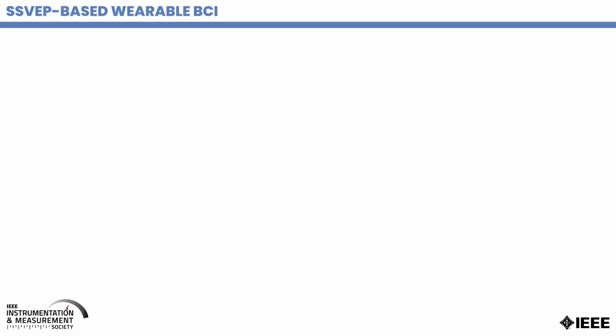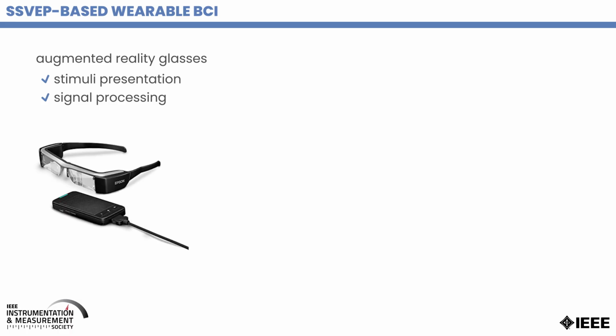This is a well-known paradigm studied since many years. A first contribution that as metrologists we could do in the last years was to develop a wearable SSVEP-based brain-computer interface by using smart glasses. In this case, these were wearable glasses just to provide the flickering lights at a controlled distance from the eye.